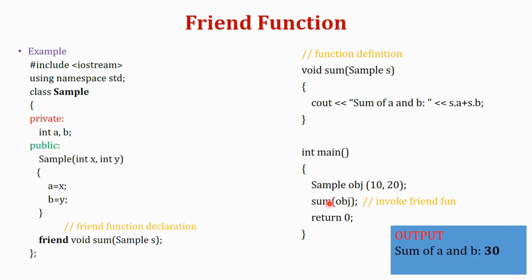Function name, and then the object as a parameter. Sum is the function name, and the object already created is passed as a parameter. Control automatically goes to the function defined outside, it is invoked, and finally the result is printed here.